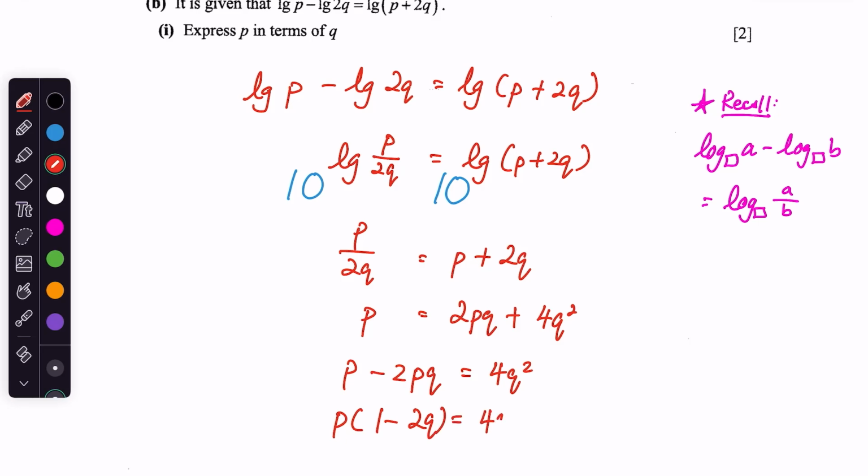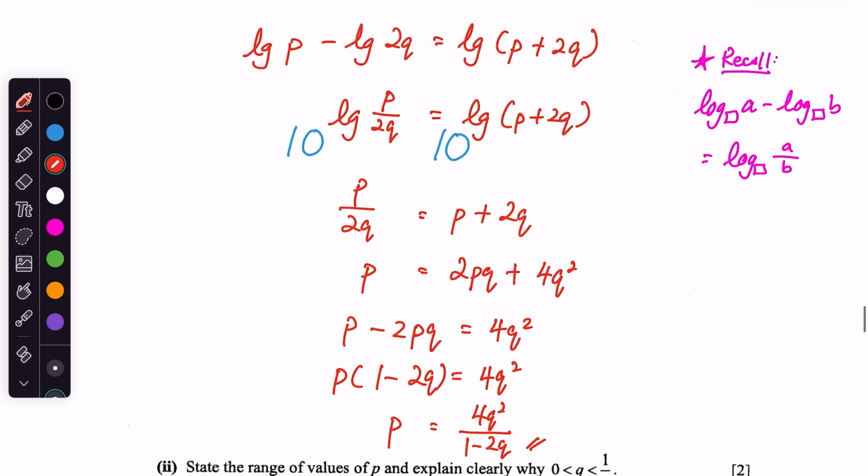And then I will divide by 1 minus 2Q to get P. And I'm done. Nothing too difficult here. It's just that we can't solve for anything. We're pretending like Q is a number and we solve for P. But nothing too difficult here.